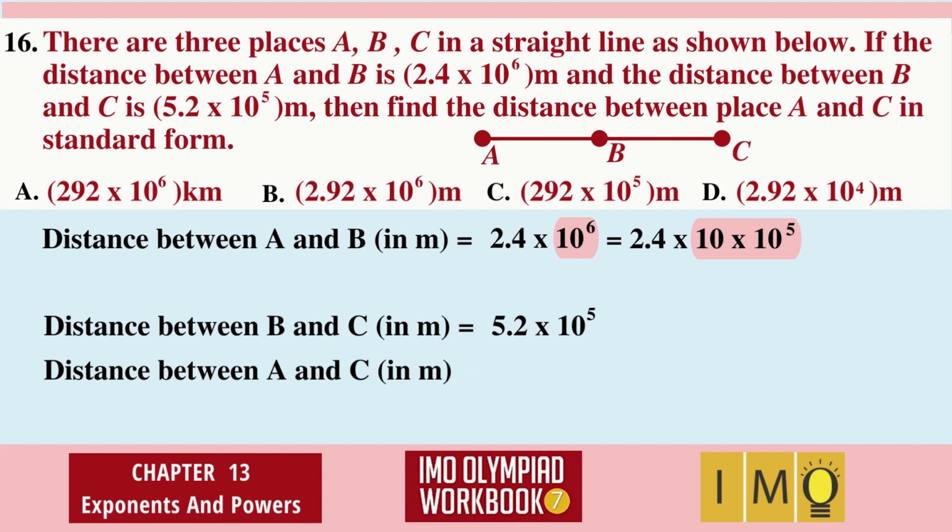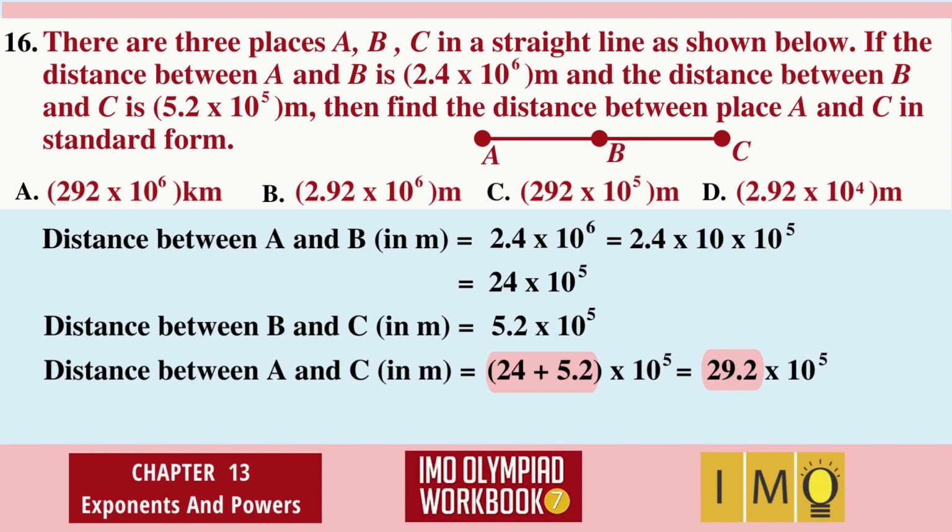Now let's multiply 2.4 and the 10. So we get 24 into 10 to the power of 5. Now addition becomes easier. We keep the 10 to the power of 5 as it is and add these two values. 24 plus 5.2 gives us 29.2.